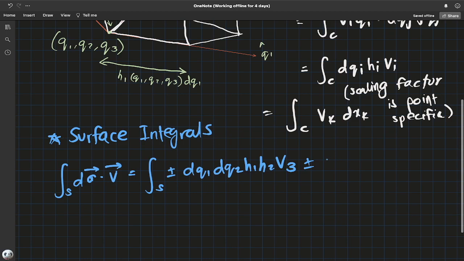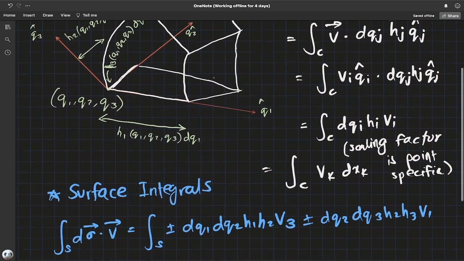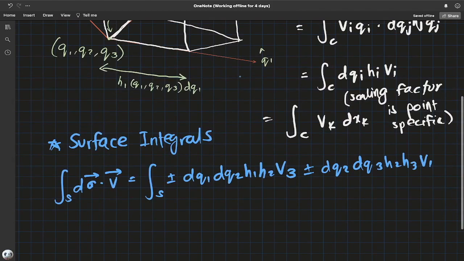Let's do another plane, the q2 q3 plane. So that will be similarly dq2 dq3, h2 h3, this time v1, because clearly the area vector will be pointing in the q1 hat direction. And then plus and minus the last face, q1 q3, so dq1 dq3, h1 h3, but v2, because the area vector is in that direction.